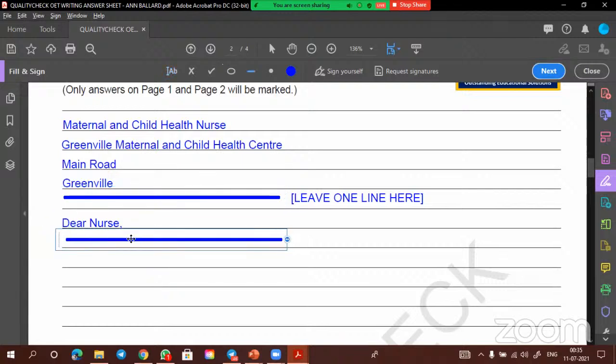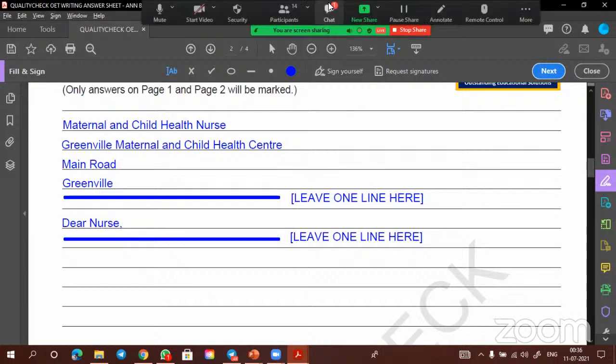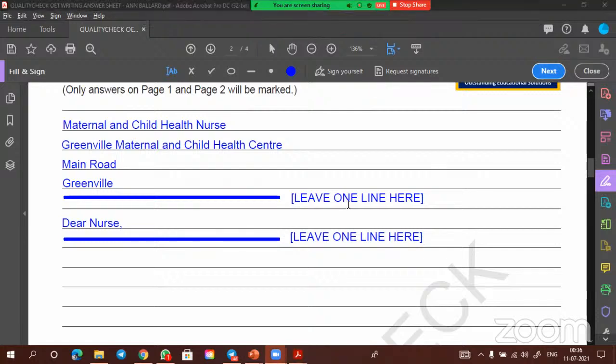Then leave another line. Leave one line here. Leave another line here. So this is how the preliminaries come here.